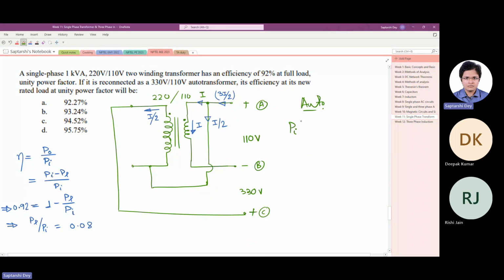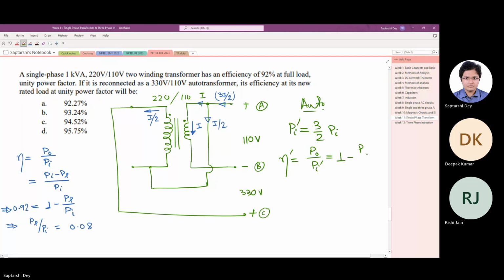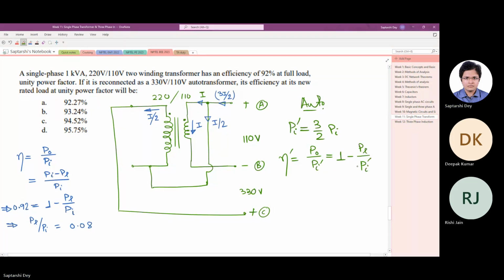So the new input power is 3 by 2 times the older input power. So what will be the new efficiency? It is P output by P input primed. Similarly, we can write like what the algebra we did here, 1 minus PL by P input primed.